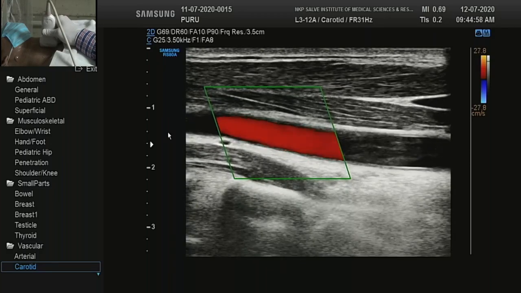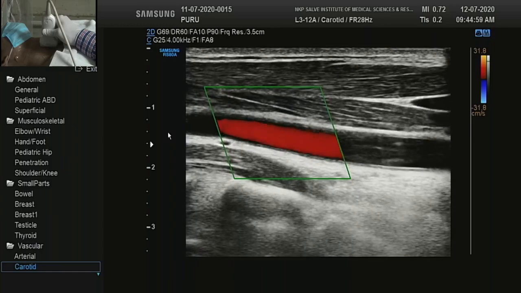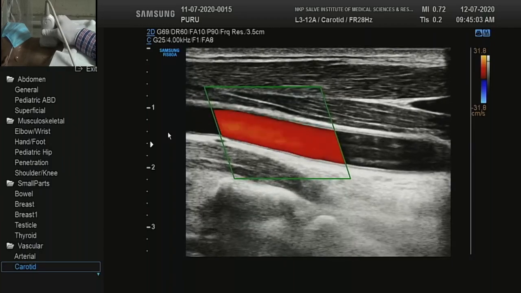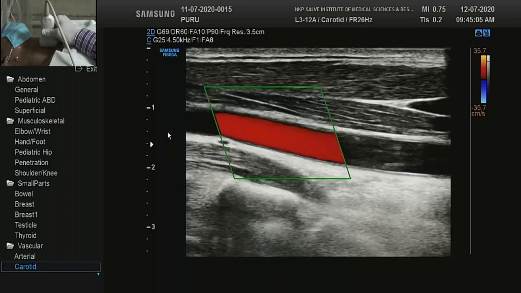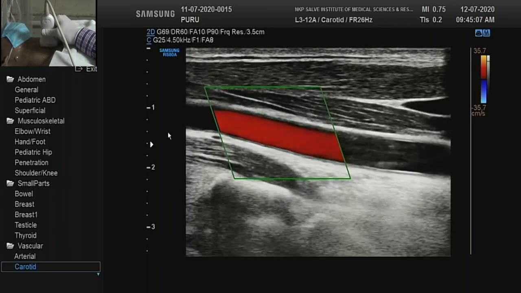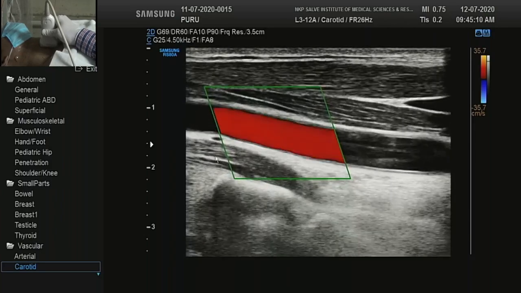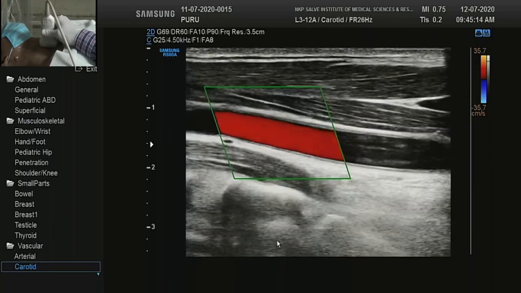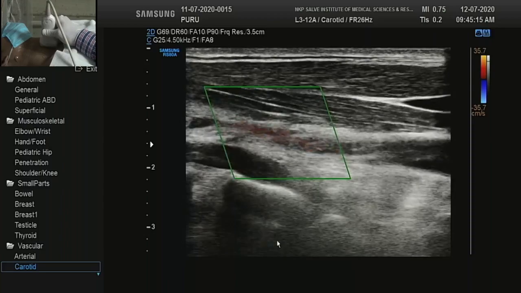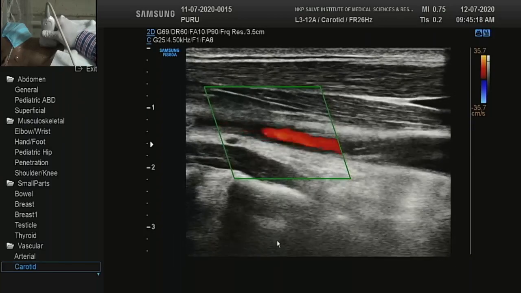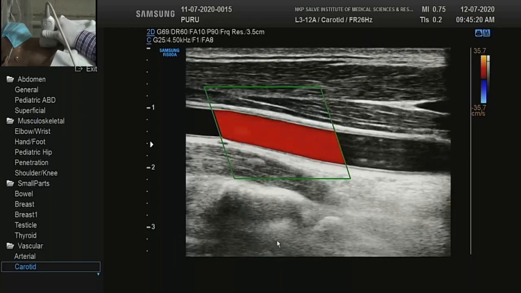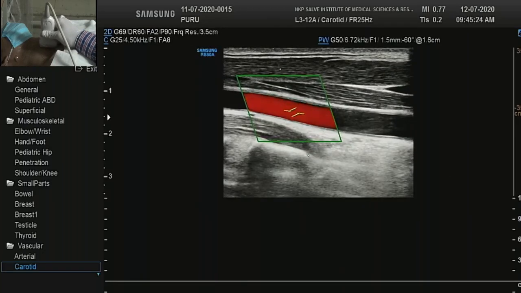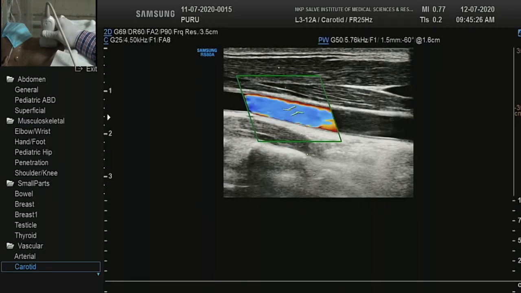So it is increased to almost 4000 hertz, and now you can see the nice laminar flow. So once all these things are done, then we apply a spectral Doppler. Do not make a hurry in putting color as well as spectrum. Complete the B mode survey, set the color nicely, and then only you put a spectral Doppler.